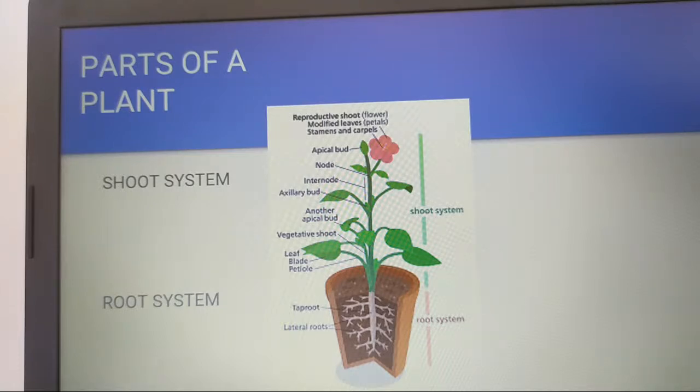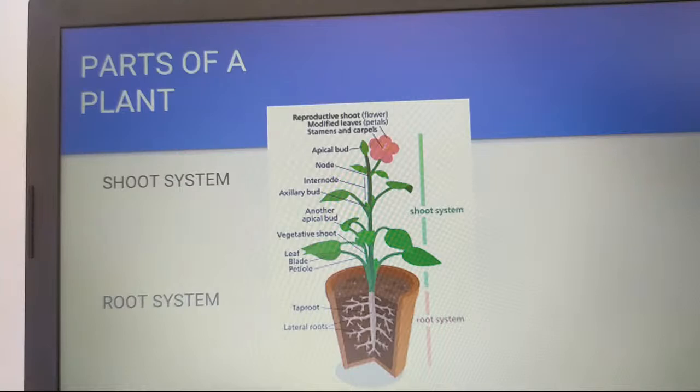The part of the seed that grows downwards is the radical, and the small part you will find above the root part is the plumule.